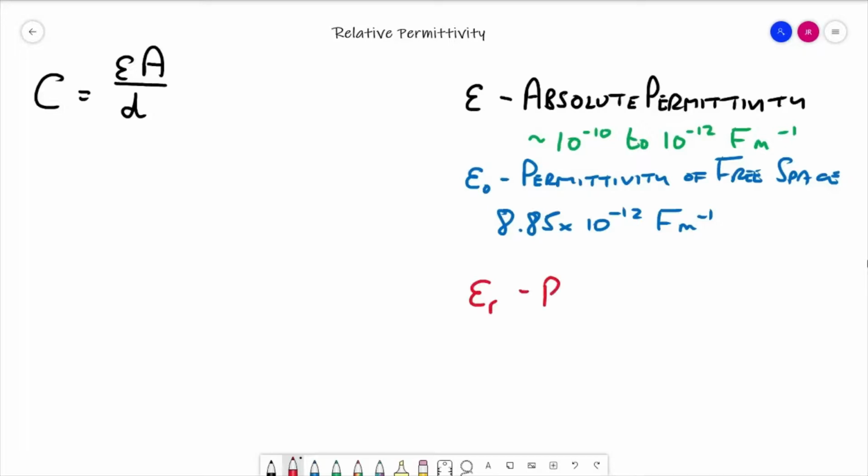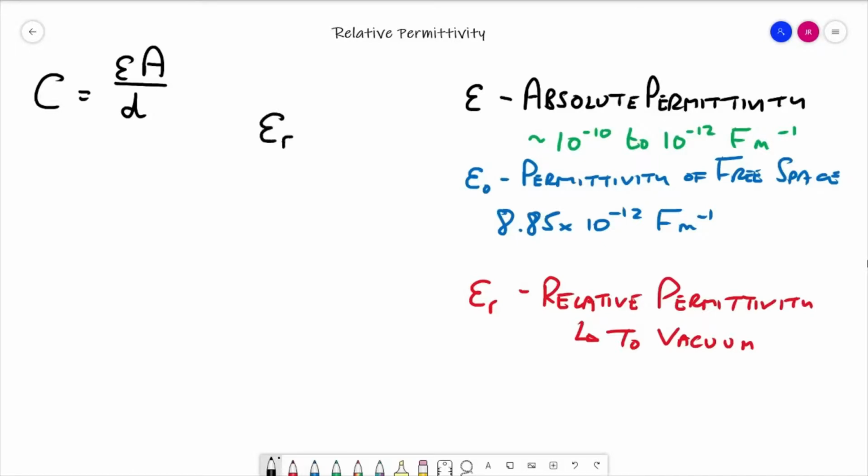So what we're going to do is define relative permittivity, where we are measuring the permittivity relative to a vacuum. Combining those into an equation then, we can say that the relative permittivity is the absolute permittivity divided by the permittivity of free space.